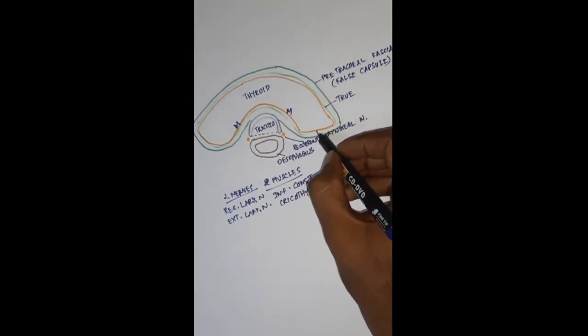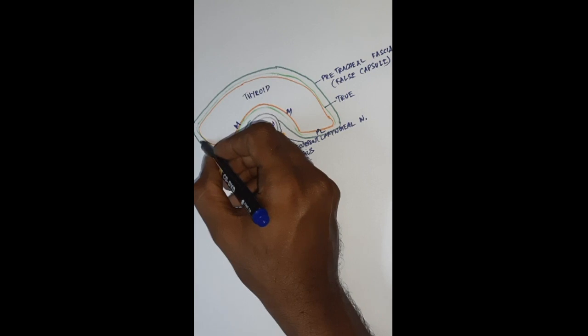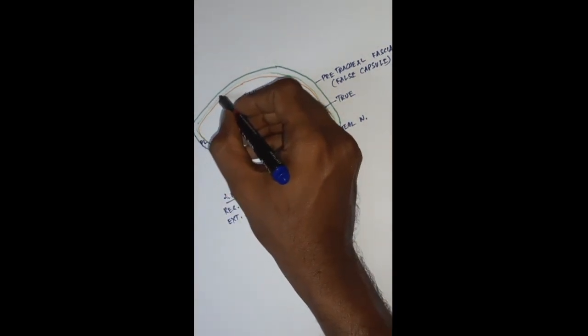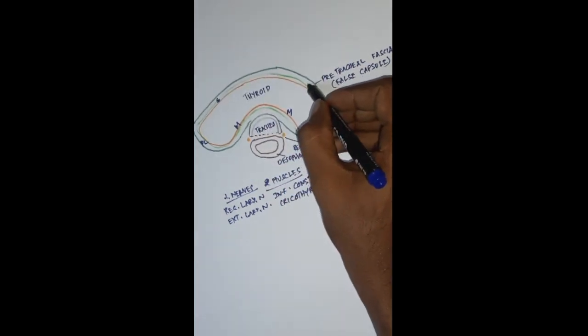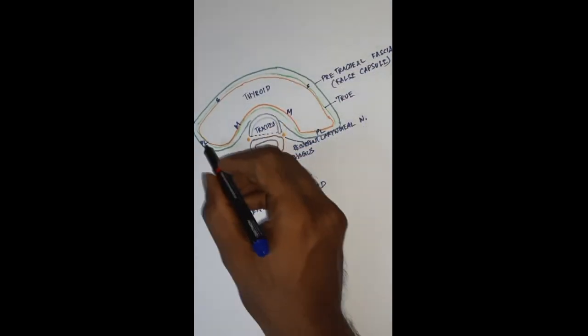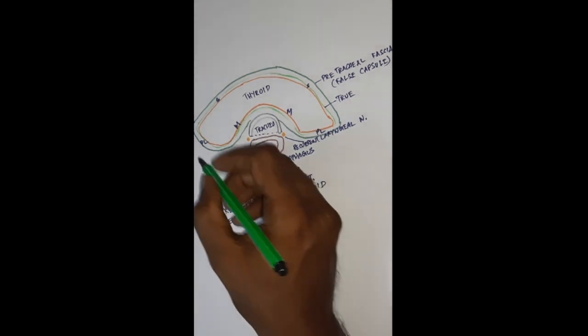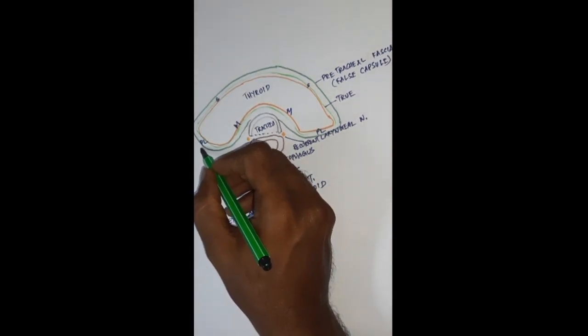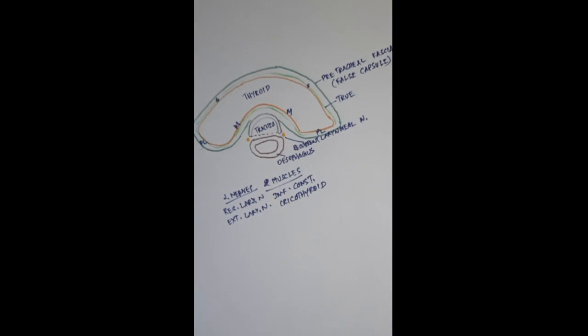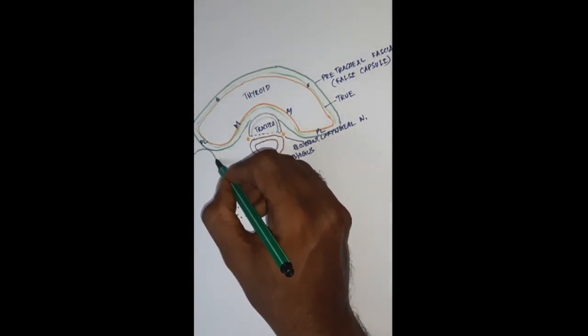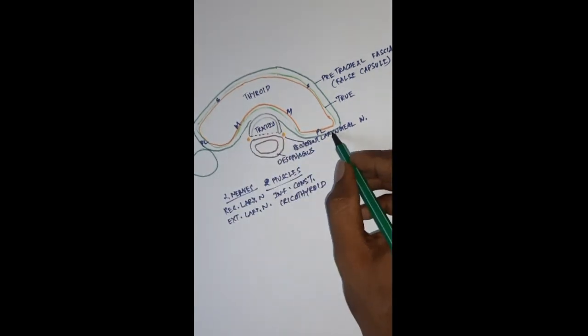So this one is the posterolateral surface, and this one is the lateral or superficial surface. The posterolateral surface is related to the carotid sheath.